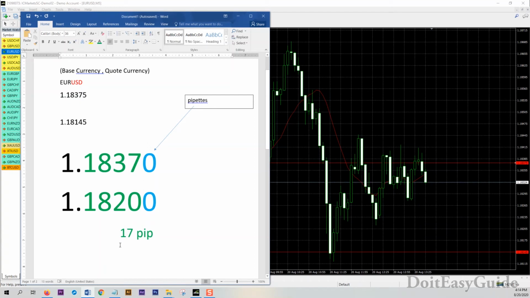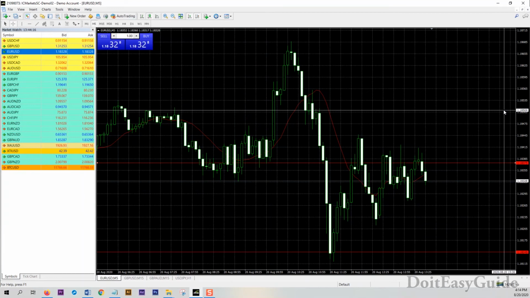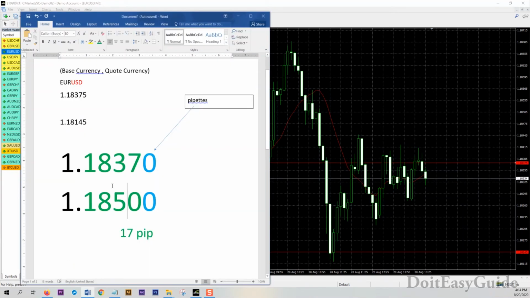So if the price goes up to, let's say, 1850 here, around 1850 from here to here, that means price goes up around 37 to 50.